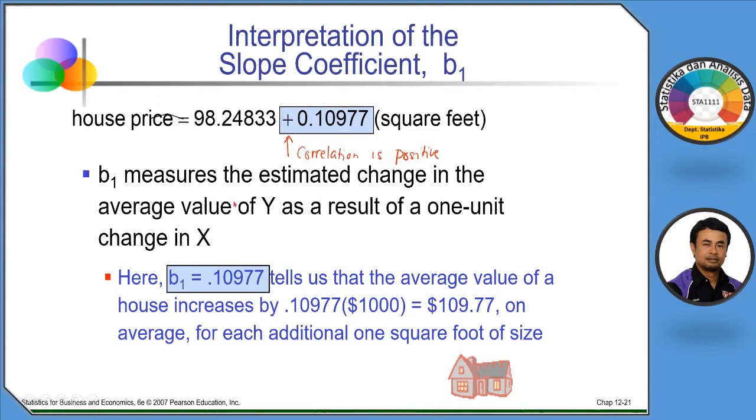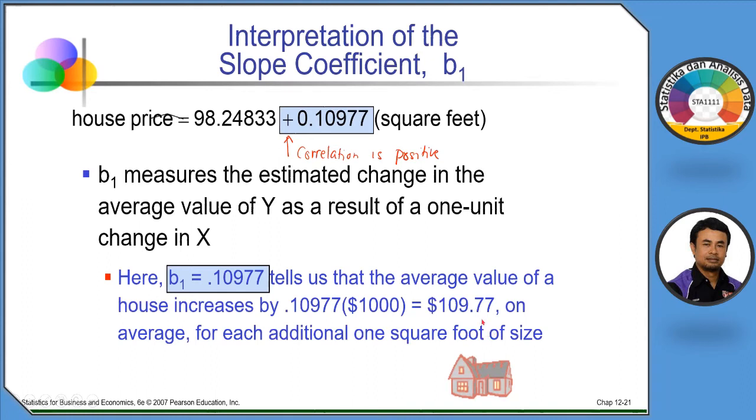B1 measures the estimated change in the average value of Y as a result of a 1 unit change in X. In this case, the value of B1 equal to 0.10977 tells us that the average value of a house increases by 0.10977 times $1,000, which is equal to $109.77 on average for each additional 1 square foot of size.